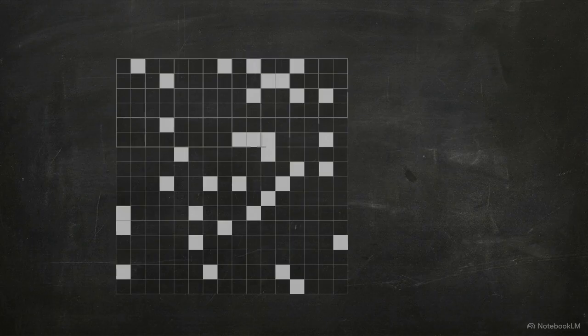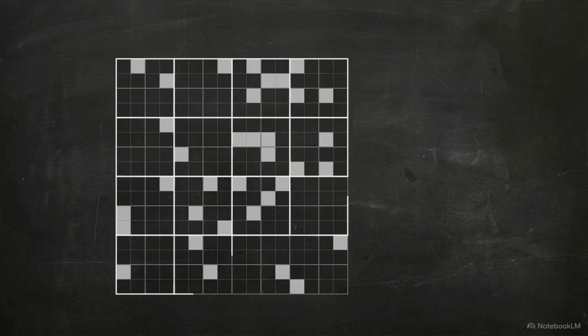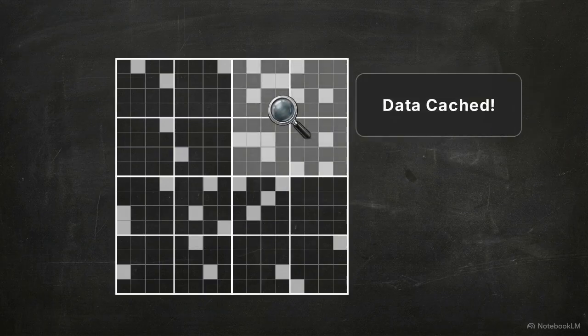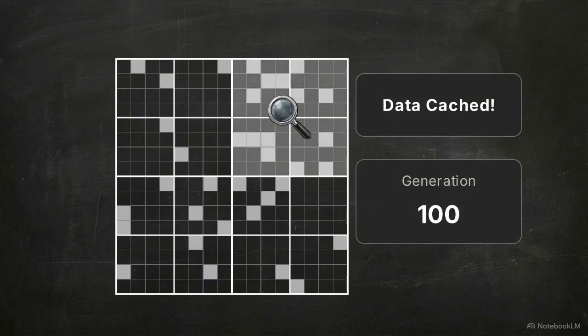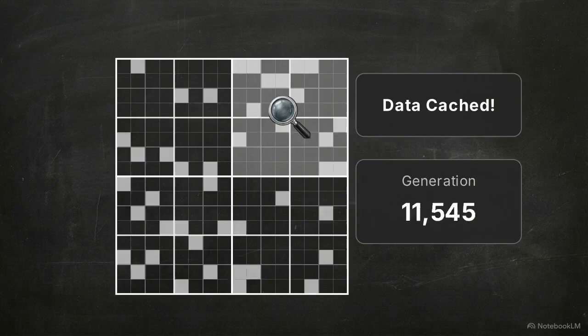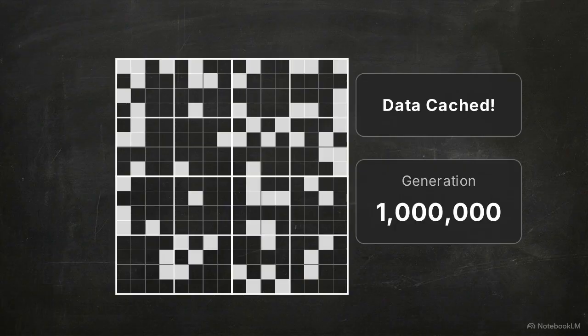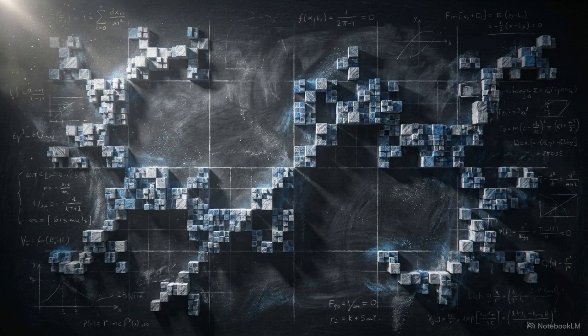Hash-life packages spatial data into quad trees, hierarchical squares that chunk large groups of cells together. The algorithm uses memoization to remember how these quad trees behave. When it recognizes a repeating pattern, it jumps forward in time instantly, skipping millions of intermediate steps. This allows simulations to reach timescales that were previously impossible to observe.